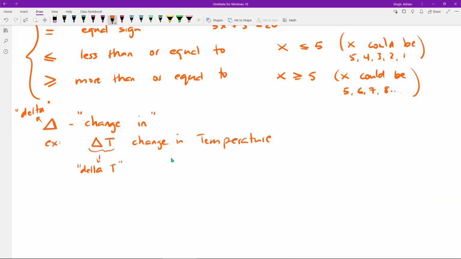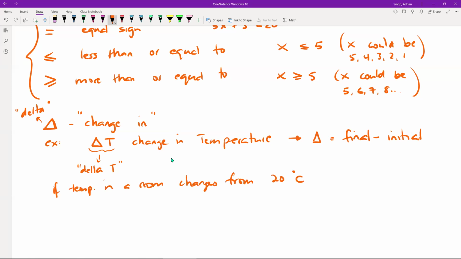And when you determine the change in anything, okay, delta of anything means the final value minus the initial value. Right? So where you end up, subtract from that where you started. So for example, if the temperature in a room changes from 20 degrees Celsius to, let's say, 55 degrees Celsius, and then we're asking what is delta T, the change in temperature?